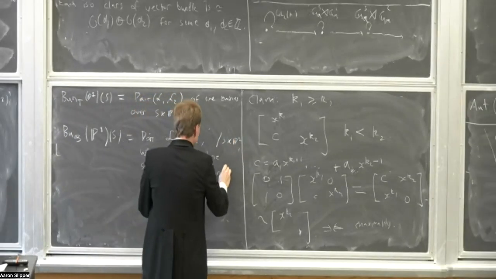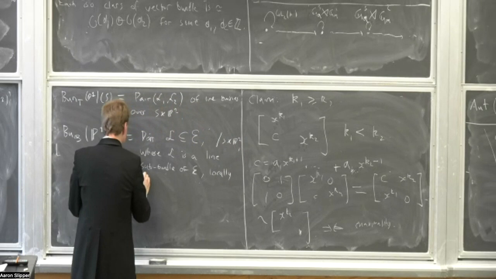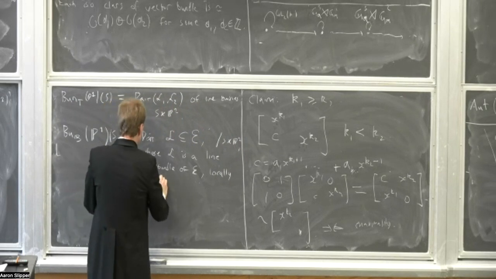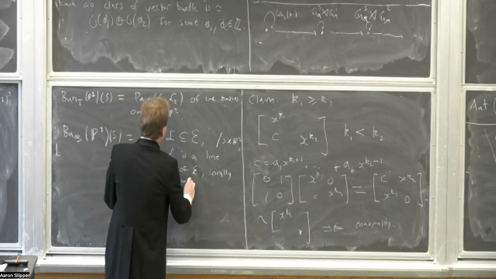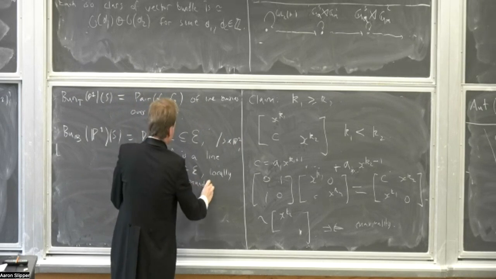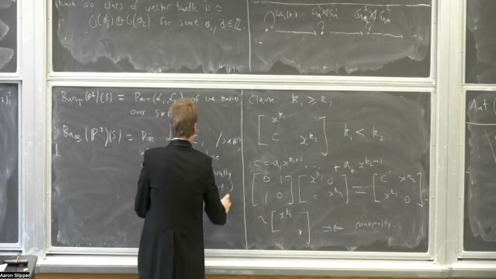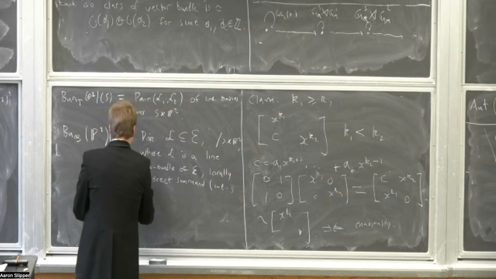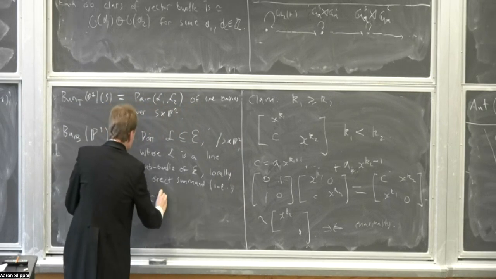Locally, a direct summand. This is important. That means that E over L has no torsion.